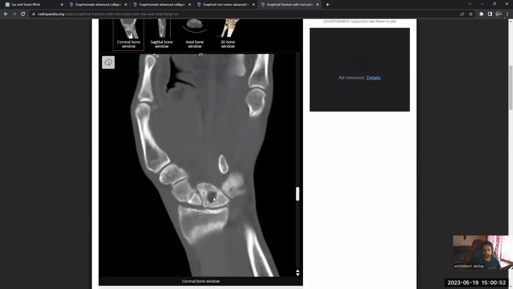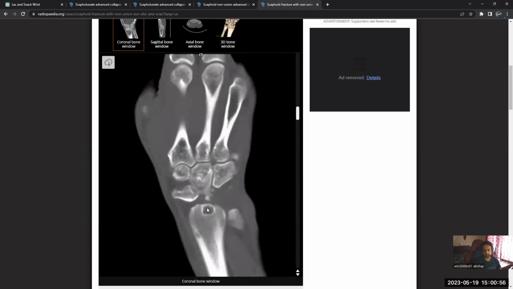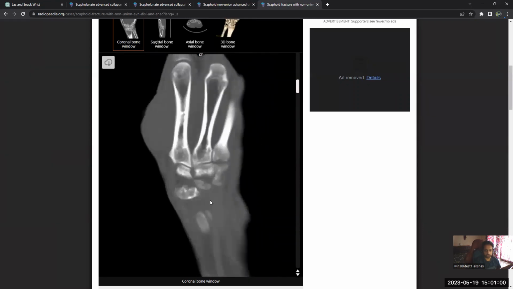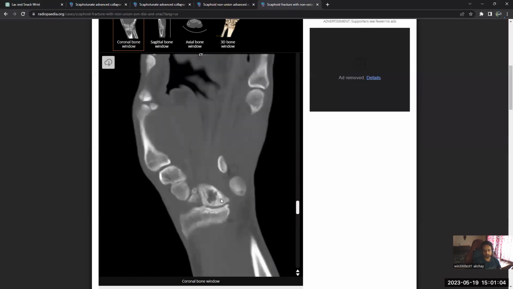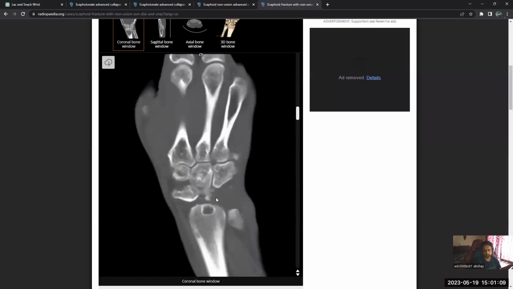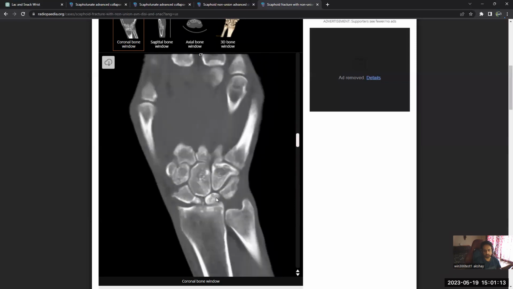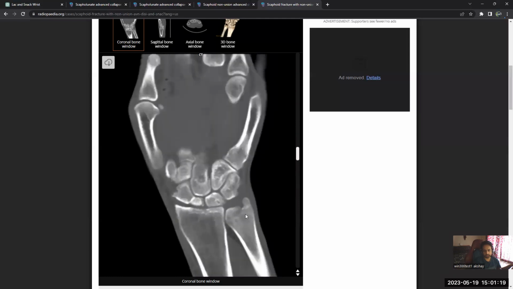There is a pseudocyst in the lunate and another pseudocyst in the distal radius, and multiple loose bodies and osteophytes can also be seen in the carpal bones. So this is what happens when a scaphoid fracture is left untreated. Also a negative ulnar variance is seen here.